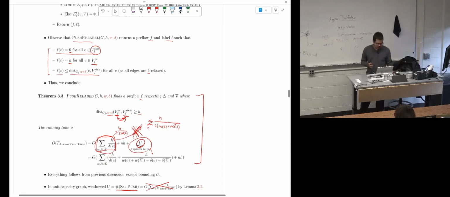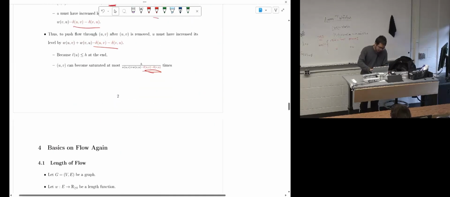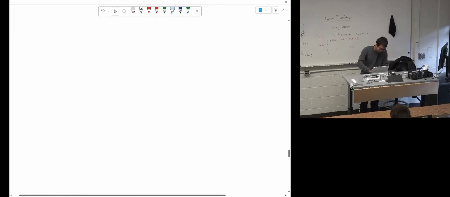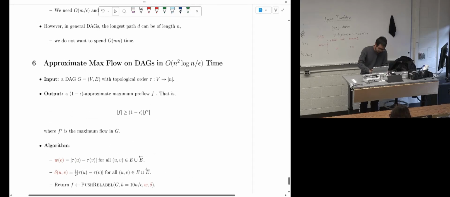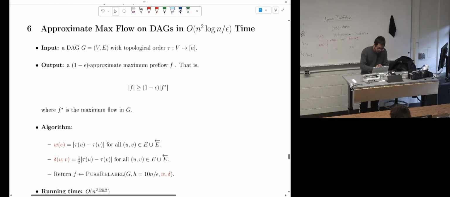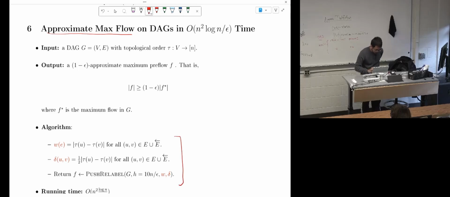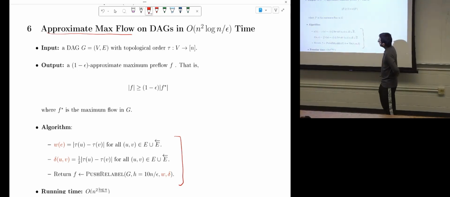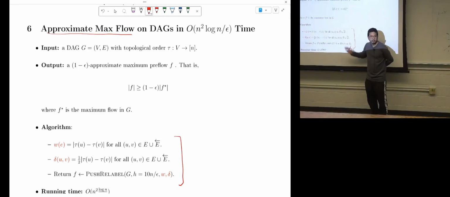And so the DAG algorithm, the approximate max flow on DAGs, I changed the algorithm a bit. It has this kind of weight and slack.